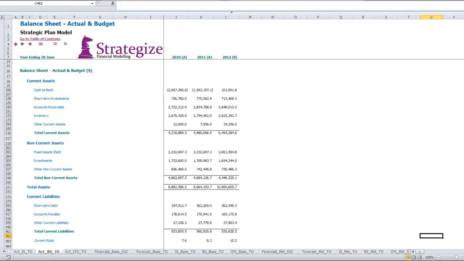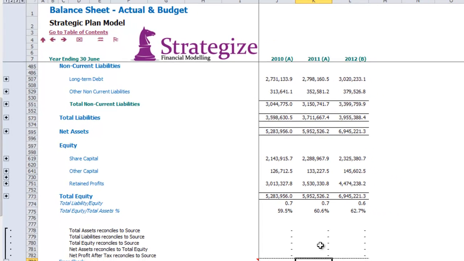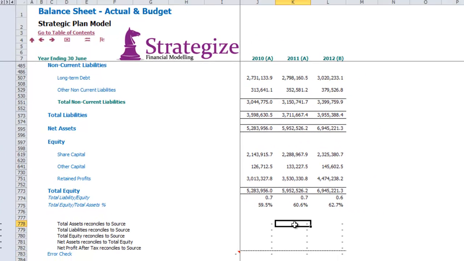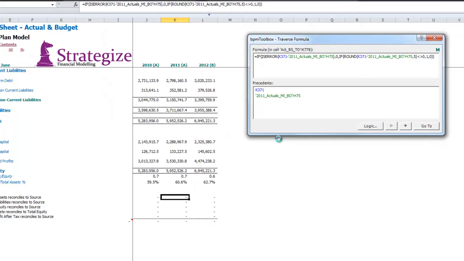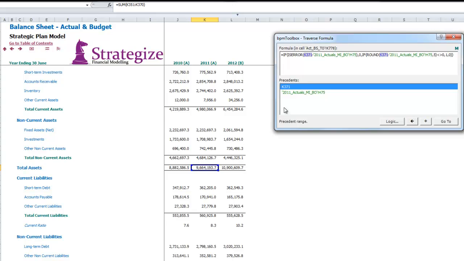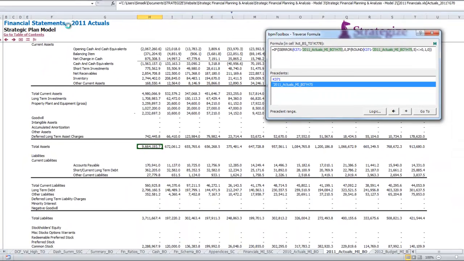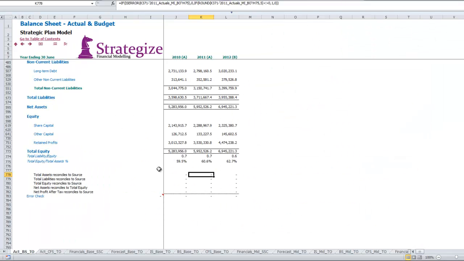For example, on the balance sheet, we want to ensure that our total assets of about 9.6 million are tying back to our number in 2011, for example. So you can never have too many error checks in a best practice financial model.